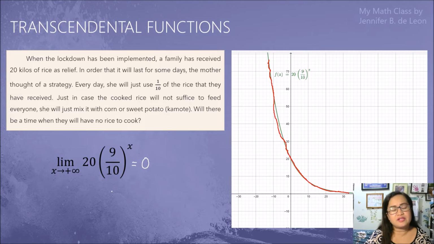Take note that this graph is asymptotic to 0, so it confirms our answer that the limit of 20 times (9 over 10) raised to the x power as x approaches positive infinity is 0.